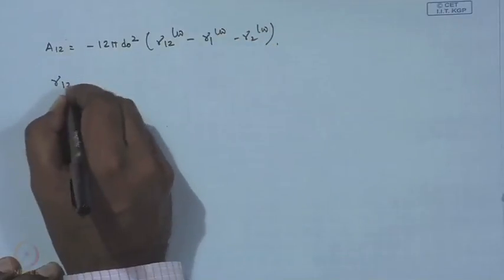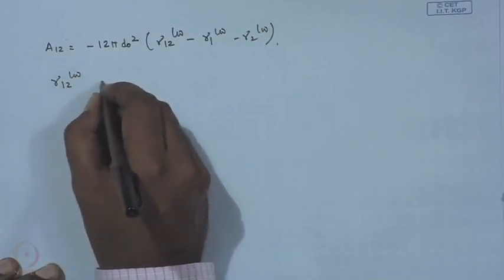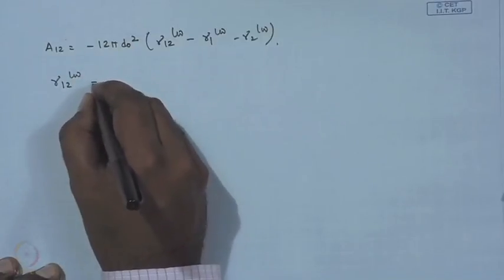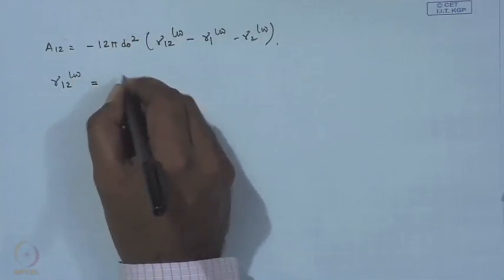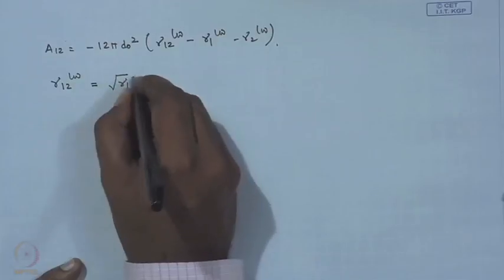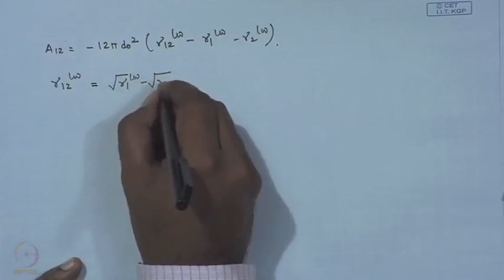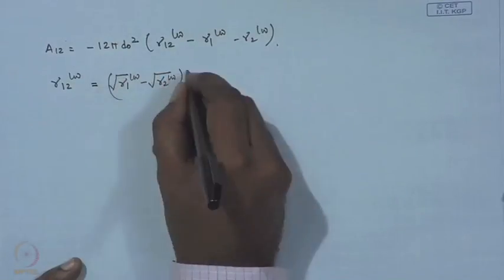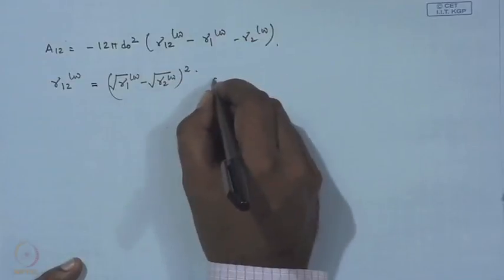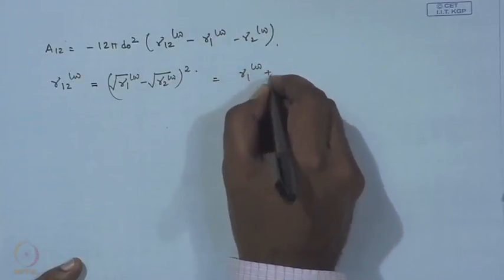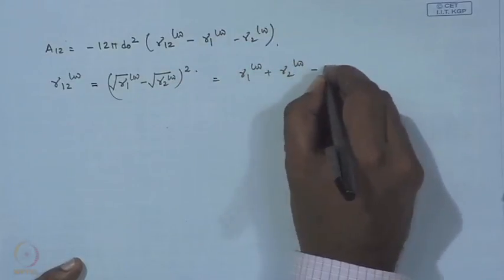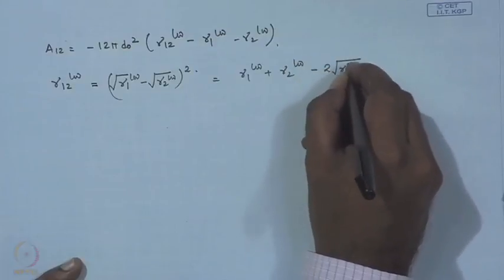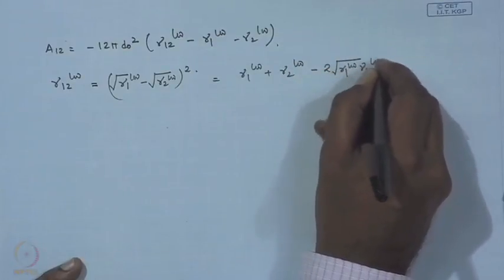We know that for pure van der Waals interaction, gamma 12 LW can be represented as under root of gamma 1 LW minus under root of gamma 2 LW, whole square. If you expand that, you get gamma 1 LW plus gamma 2 LW minus 2 under root of gamma 1 LW into gamma 2 LW.